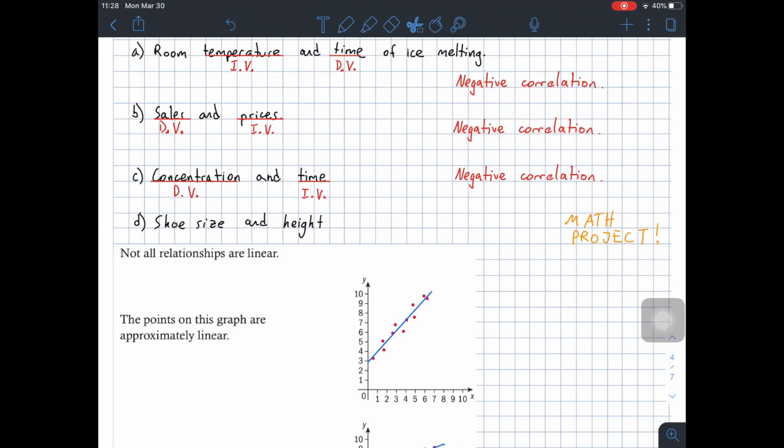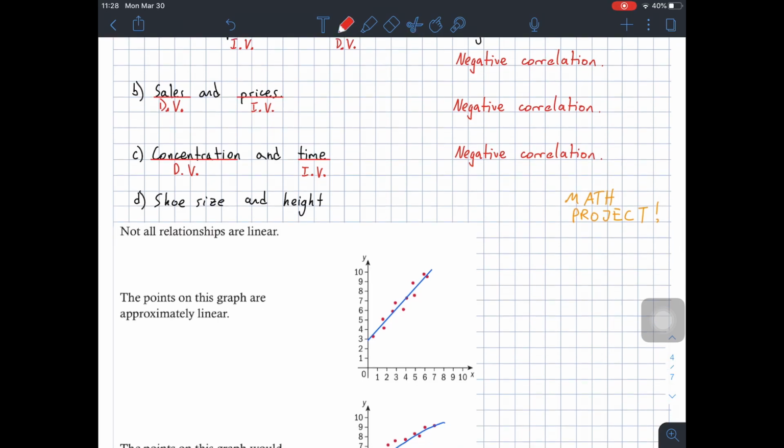And for the last example, part D, it says shoe size and height. The two variables would be shoe size and height. What do you think should be the independent variable in this case? I would say that the independent variable is shoe size and the dependent variable is height, although this might be the other way around depending on how you're conducting an investigation.